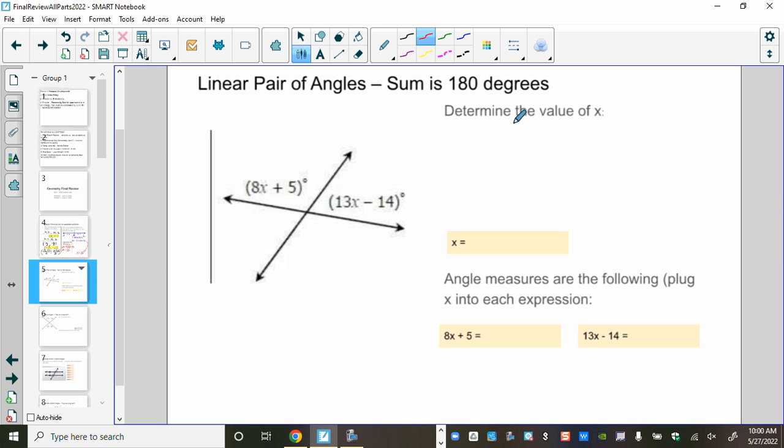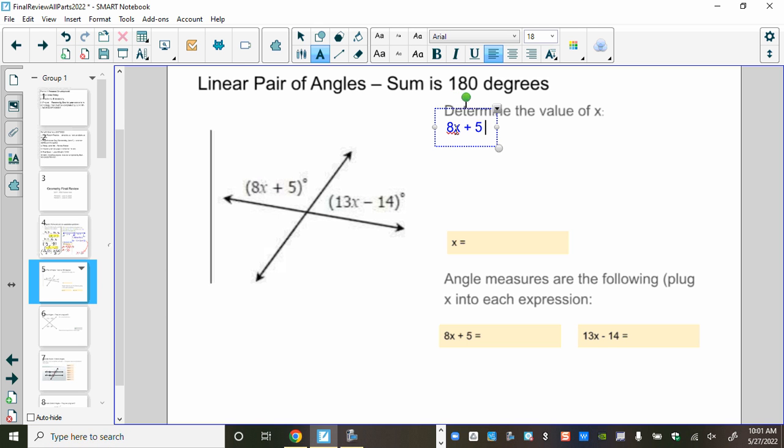Basically, all I'm going to ask is, given this diagram, what's our setup? 8x plus 5 plus 13x minus 14 equals 180. Very good. The sum of the two angles adds up to 180 degrees.